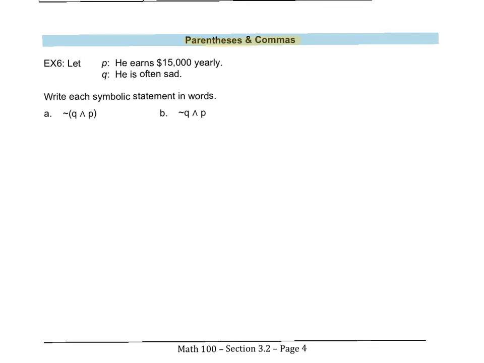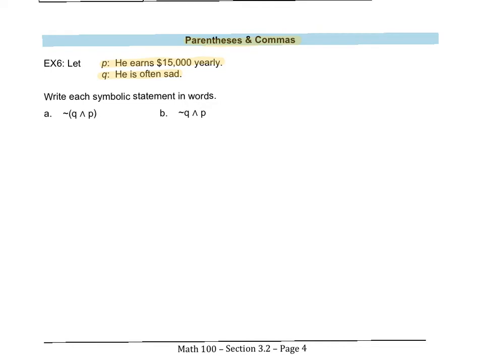For example, let's say that P is he earns $15,000 yearly. Q is he is often sad. Now remember, the pronoun he does not matter. I could say we, they, a person. Symbolically, it would be the same.